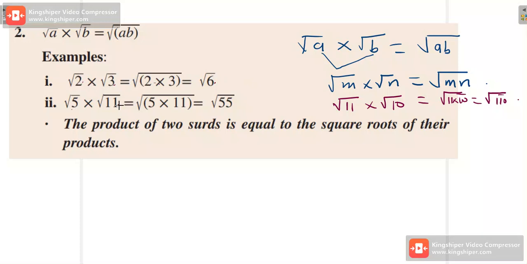And 5 times 11 will be root of 55. So here we are saying that the product of two square roots is equal to the square root of their product, the square root of the product of the radicals.